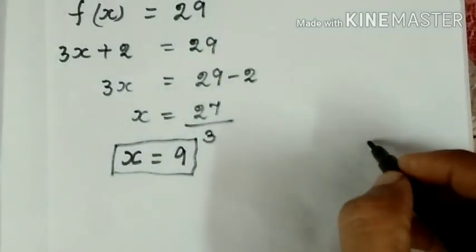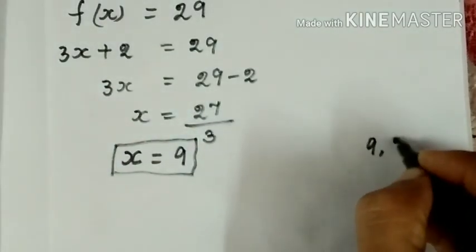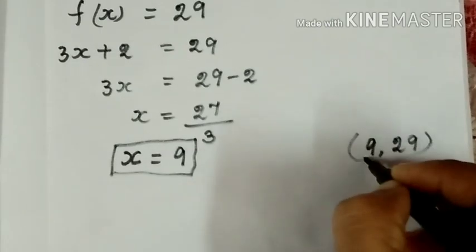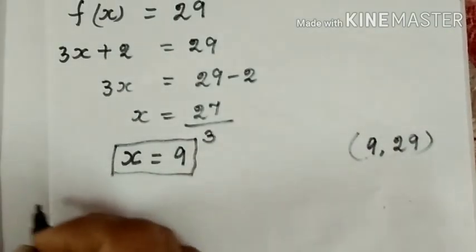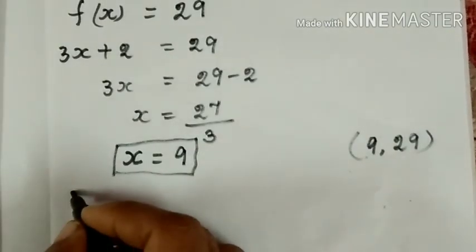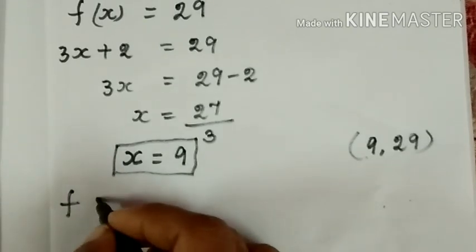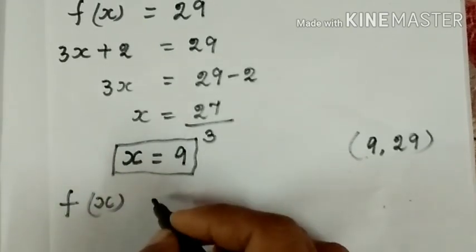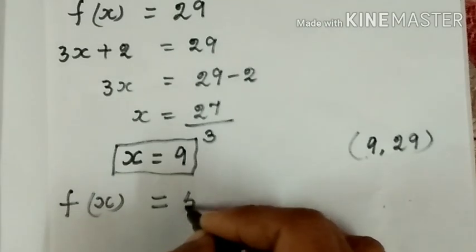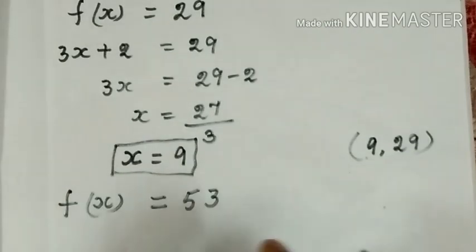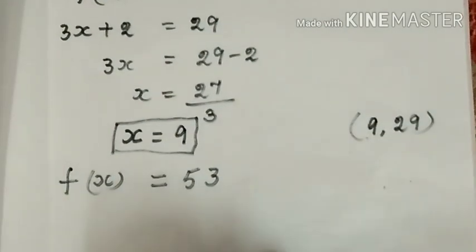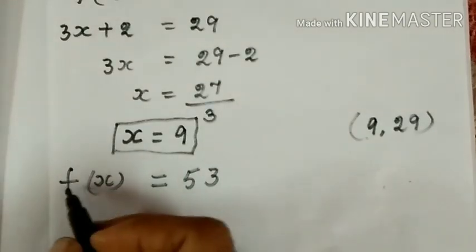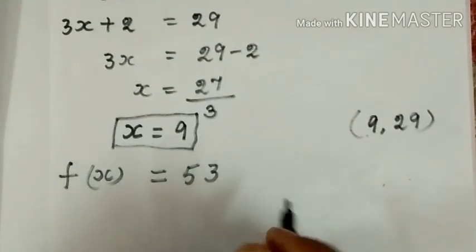Here the ordered pair is (9, 29). Okay, now we have to find the value of x when f of x is equal to 53.